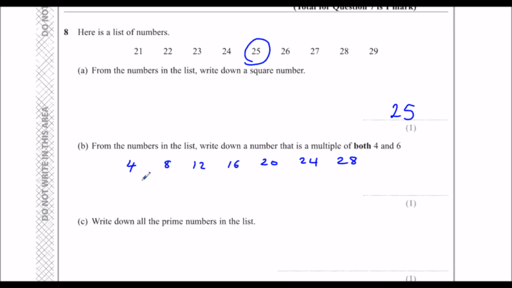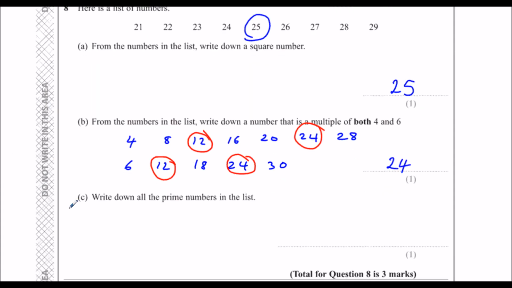There's no point in going any higher. And the 6 times table, 6, 12, 18, 24, 30. So we're looking for a number in both of those times tables. So we've got 12 and 24. From the list, 24 is there, so we'll write down 24.